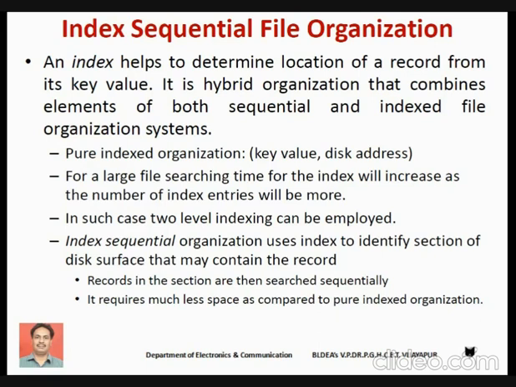Again, for searching the contents, it requires more time. The idea is we can add contents to the contents, that is, an index to the index. Then we can go to that particular record, a particular page. Such a concept we call two-level indexing.